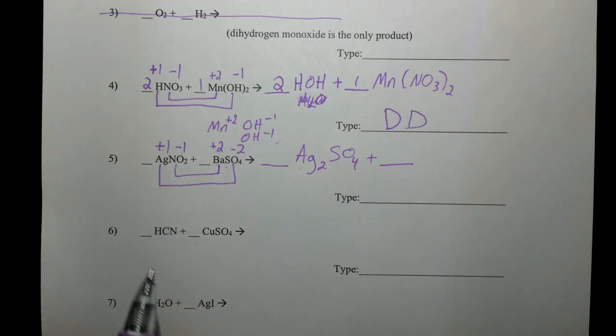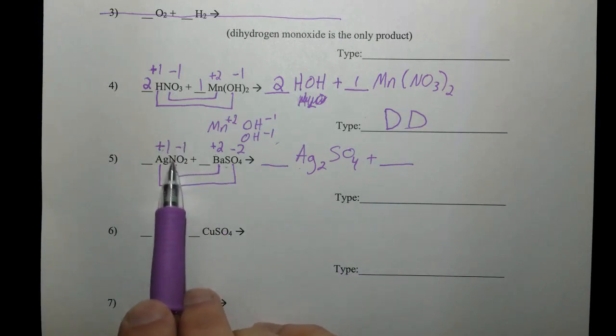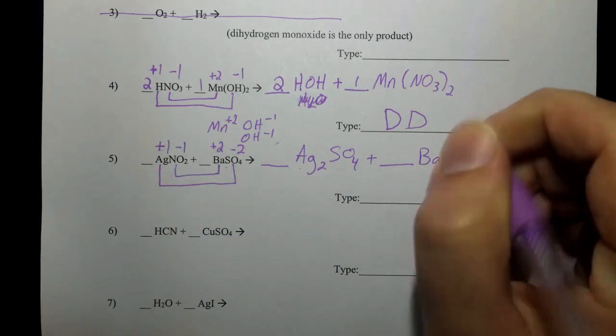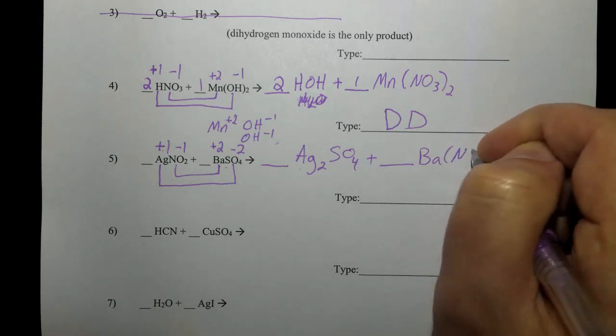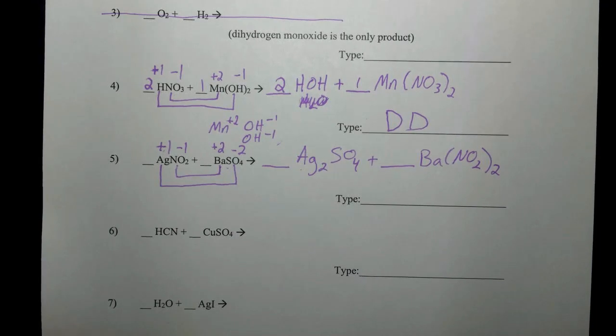What is that going to make? +2, -1. We would need 2 of these, right? Yep. So Ba(NO2)2 with the 2 on the outside, showing that we need 2 of those NO2s.